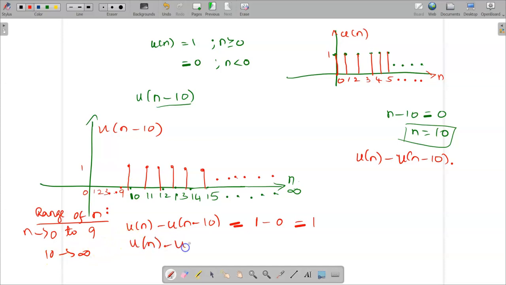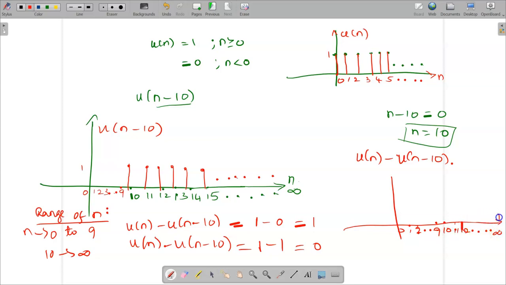So find out u of n minus u of n minus 10. For 10 to infinity, the amplitude of u of n is going to be 1. But for n minus 10, for 10 to infinity the value is 1 here. So 1 minus 1 is going to be 0. So 0, 1, 2 up to 9 you have one range, and 10, 11, 12 up to infinity you have another range of n.